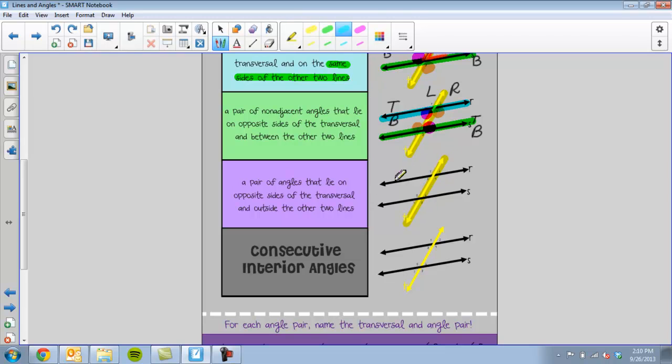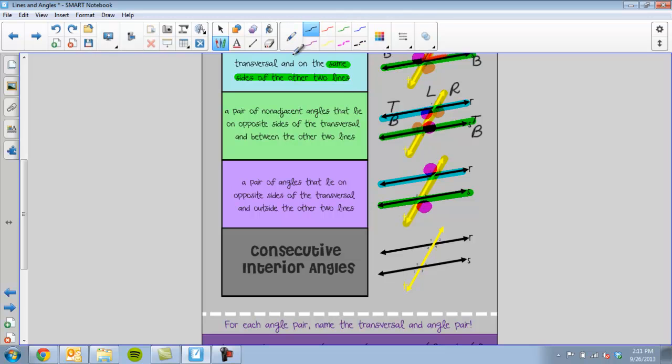But from our blue and our green line, we need to be on opposite sides of the yellow and on the outside. So we could be top left, and then we would need to be right all the way at the bottom. Notice we're not between the blue and green lines as I've color coordinated them.